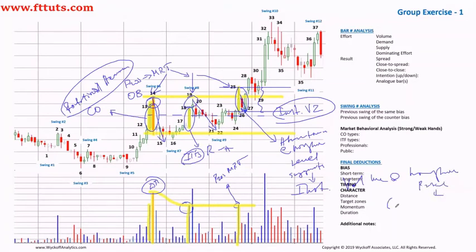This suggests a confirmation of up bias and suggests that the move, the rally, is underway, and the breakout is going to start right now.